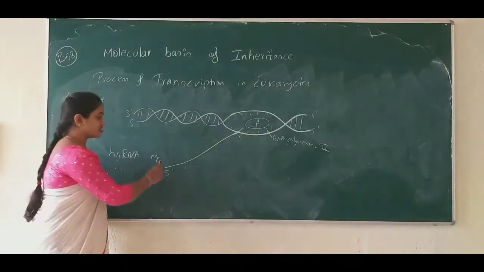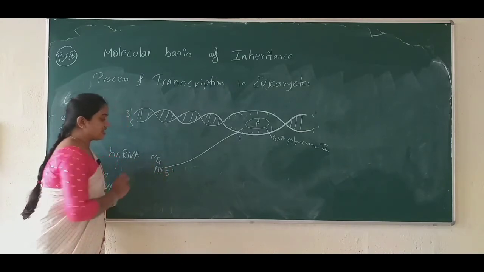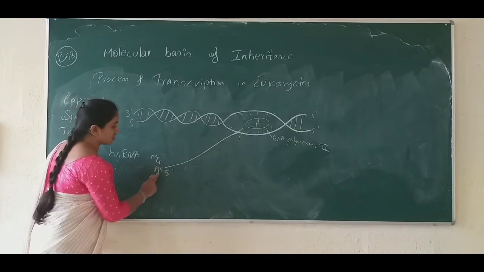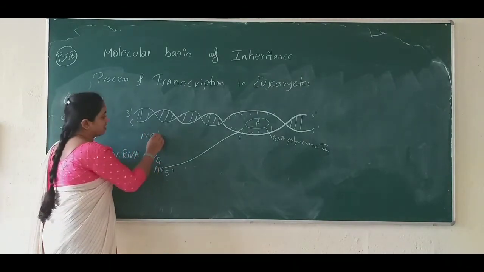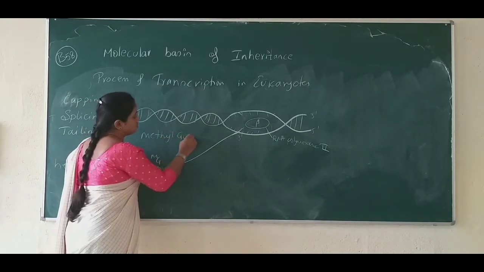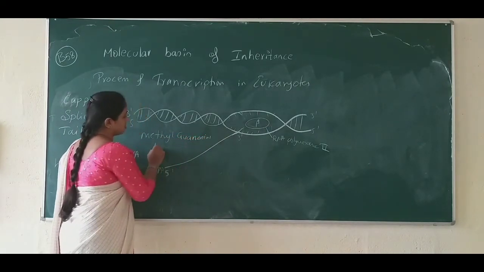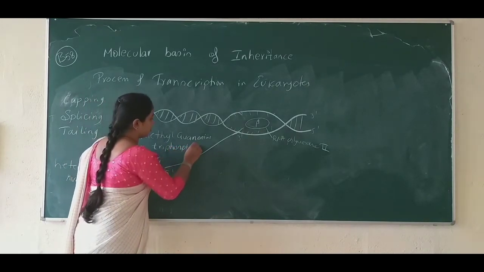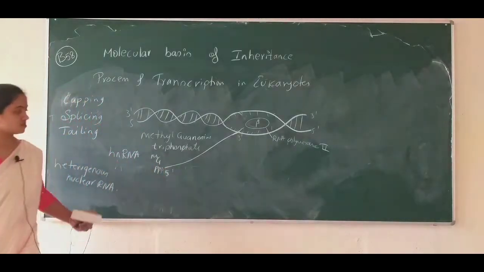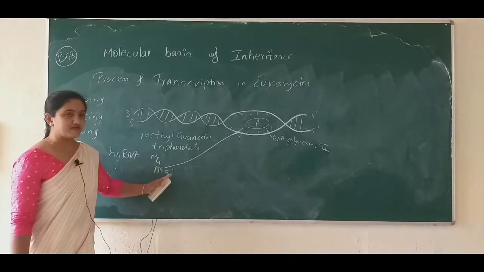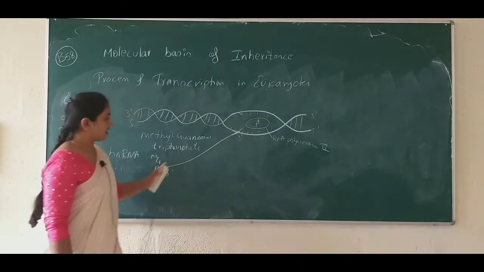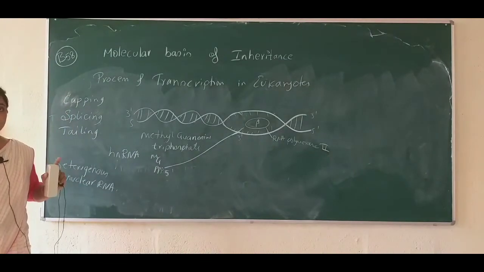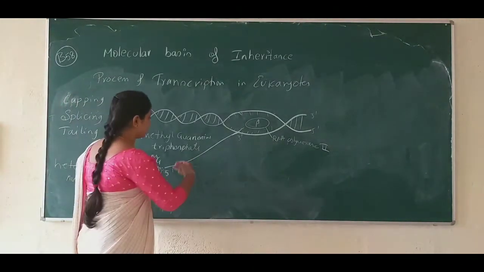So this is how it synthesizes nearer to the 5', an unusual methyl guanosine triphosphate gets added. When it gets added at the 5' end of the RNA or hnRNA, the mechanism is known as capping.